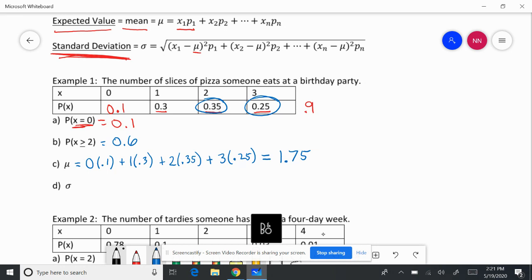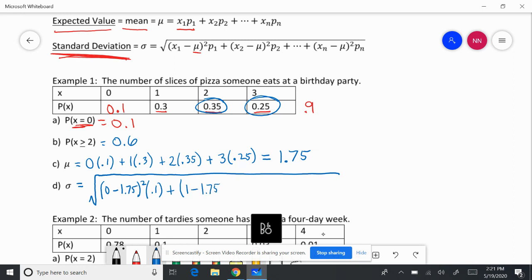Now, looking at letter D, we're going to find the standard deviation. Once again, I'm using my calculator. To set it up, I have 0 minus the mean, 1.75 squared, and I times it by its probability, which in this case is 0.1. And I do it for the next one. I go 1 minus 1.75, square it, I times it by its probability.